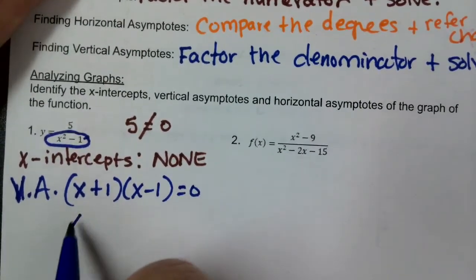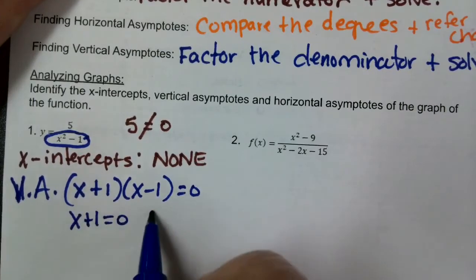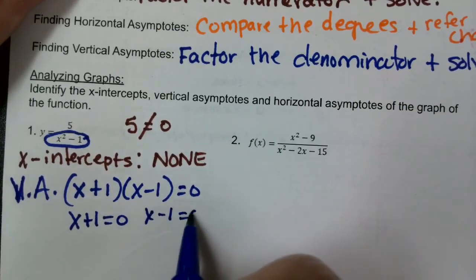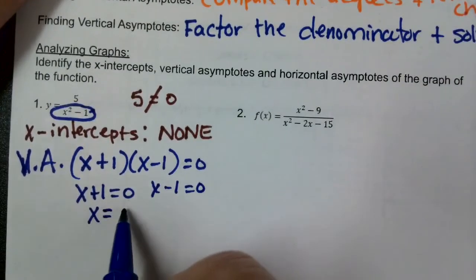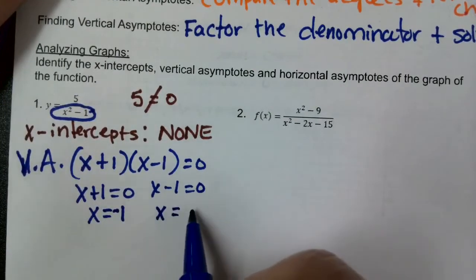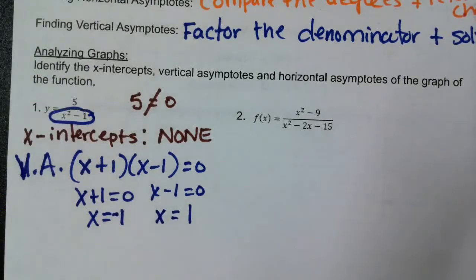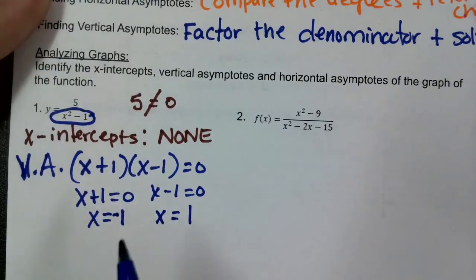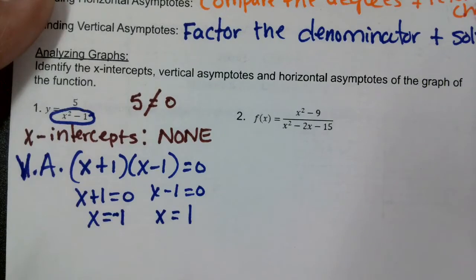So that means x plus 1 equals 0, x minus 1 equals 0. That means we have a vertical asymptote at x equals -1 and at x equals 1. And so the vertical asymptote is a vertical line that goes through the x values of -1 and 1. Those are our vertical asymptotes.